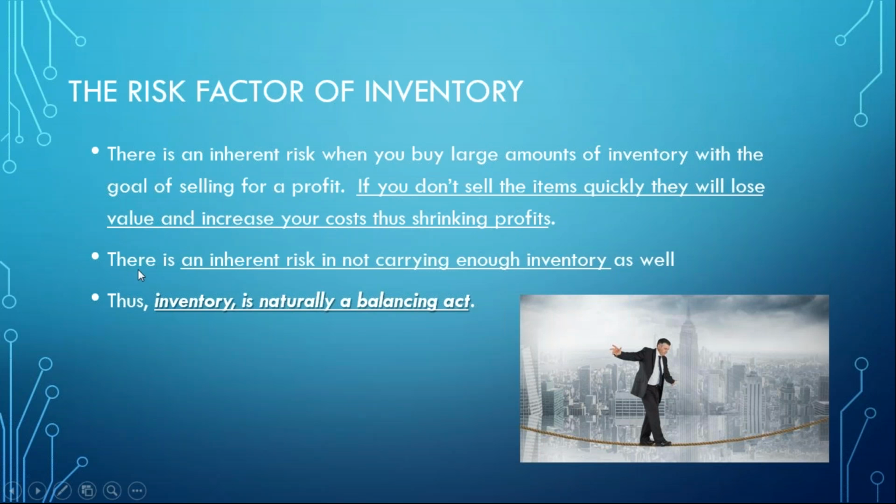On the other end of that spectrum, there's an inherent risk of not carrying enough inventory. So there's this balancing act going on, as you see this business guy on a tightrope over the Midtown Manhattan skyline there. It's a natural inventory balancing act between I want to have enough inventory but not too much.